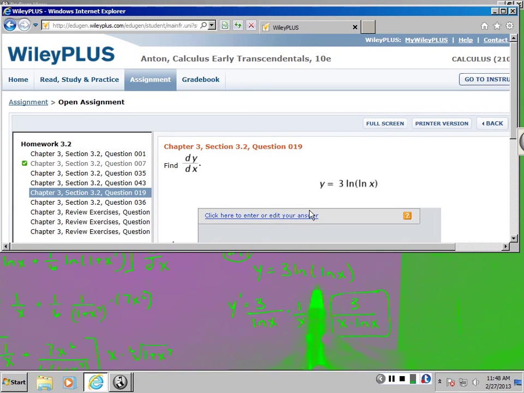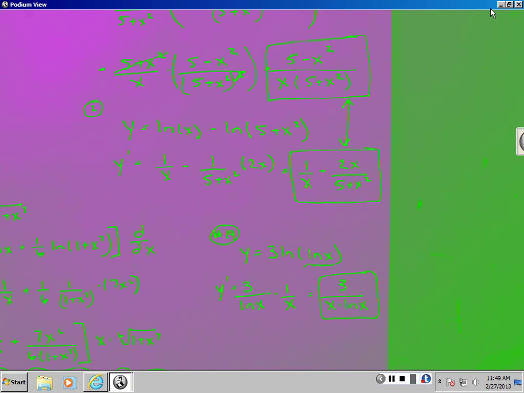Why is the first one still ln of x? Because I held the inside constant. This is ln of a function. The derivative of the ln of a function is 1 over that function, right, times the derivative of that function. And the derivative of ln of x is 1 over x, times the derivative of x, which is 1.